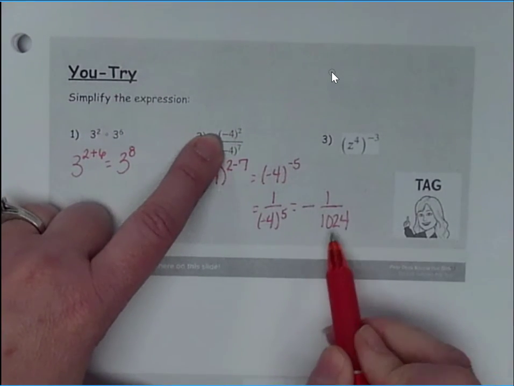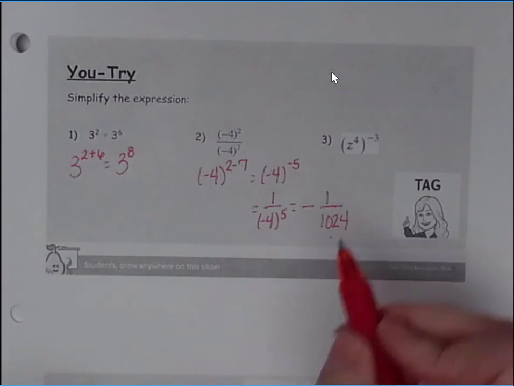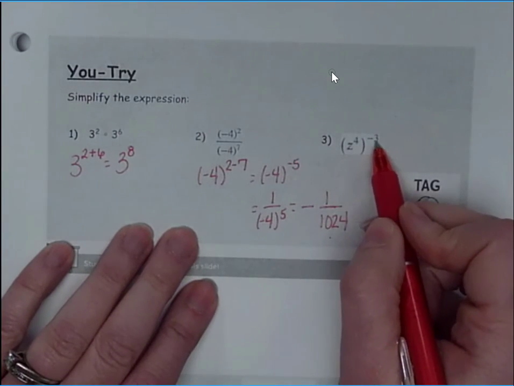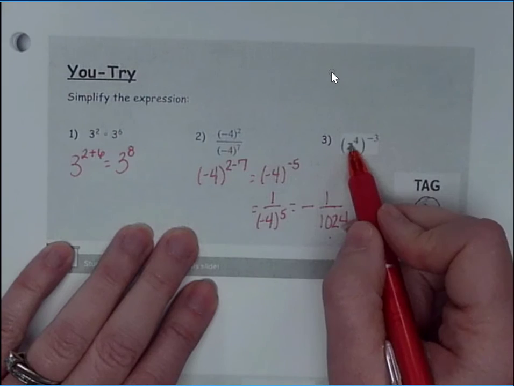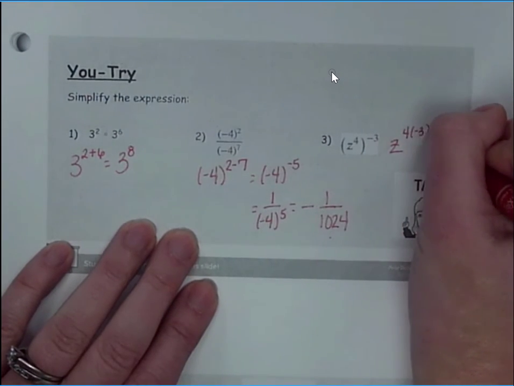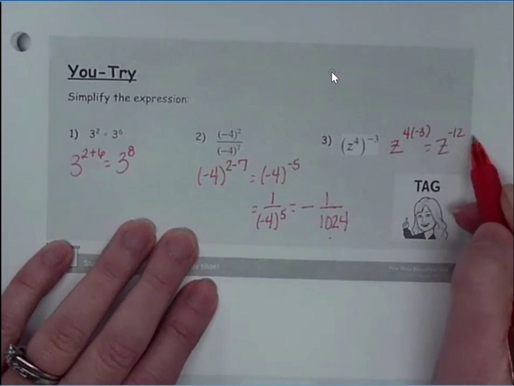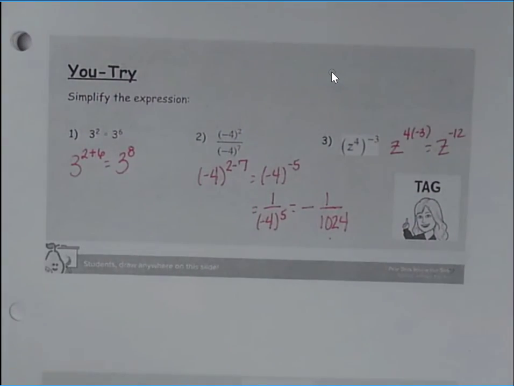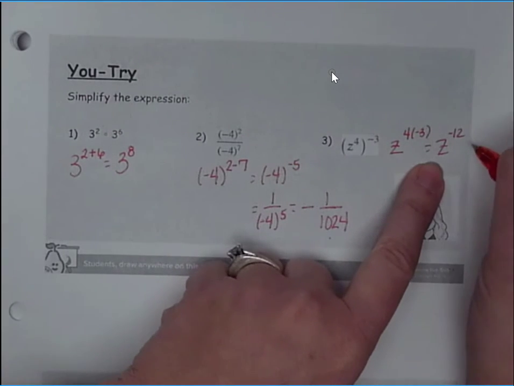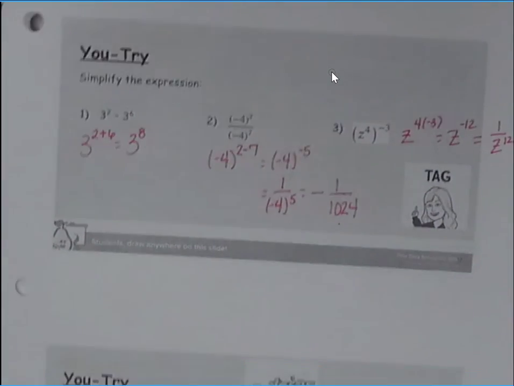So this answer here is going to be -1 over 1024. This one, I'm going to multiply power to a power. So I have z to the 4 to the -3rd, which means I have z to the -12th. Cannot have a negative exponent, so I end up with 1 over z to the 12th power.